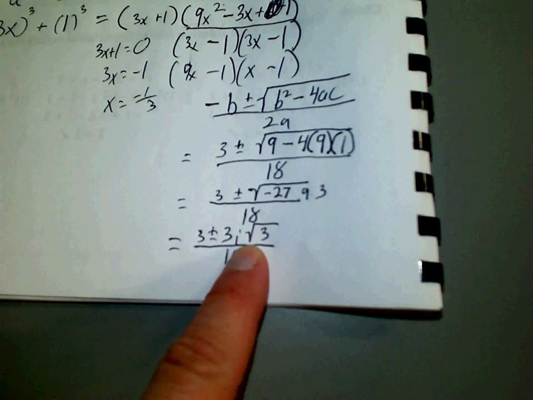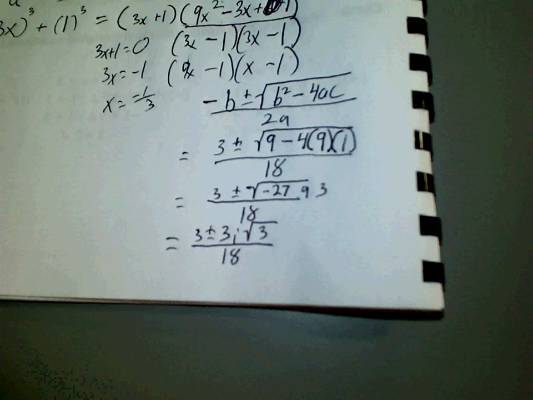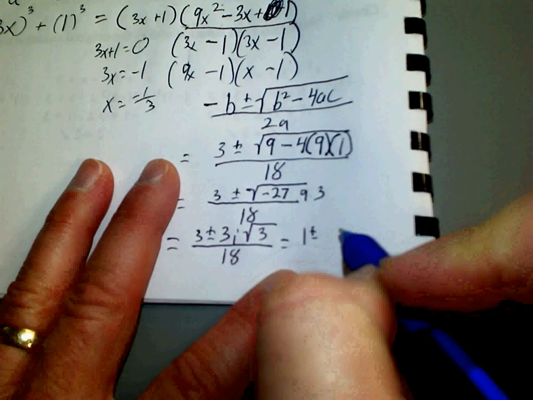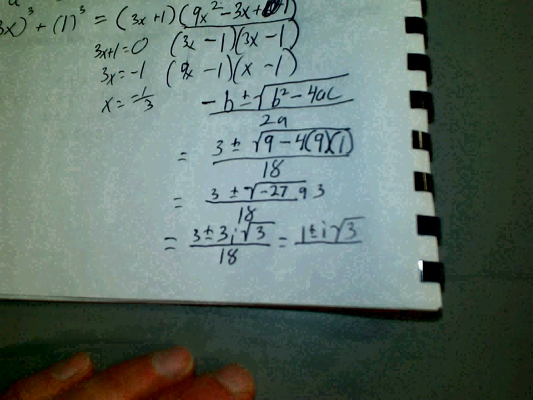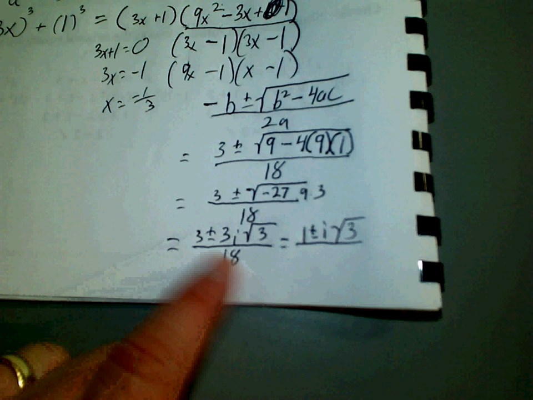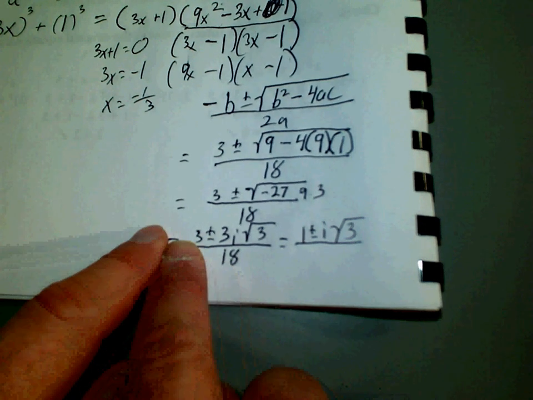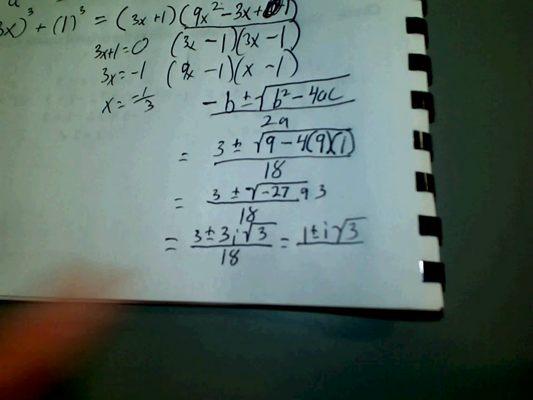Remember this stuff? Now the 3's over the 18's, that does simplify. It would be 1 plus or minus i square root of 3 all over what? Simplify it. There's a 1 over the 3 over the 18. It makes 1 here and a 1 here, so 1 over 6.